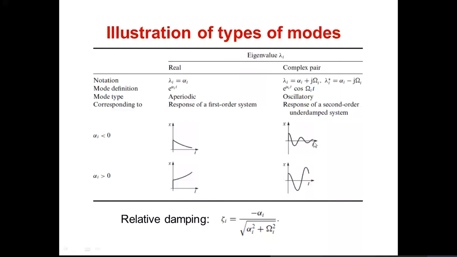But if the real part of the complex eigenvalue is greater than zero, then it will be oscillatory, but the oscillatory response will be exponentially increasing. So that is the typical behavior that you observe for the modes, depending upon whether the eigenvalues are real or complex.